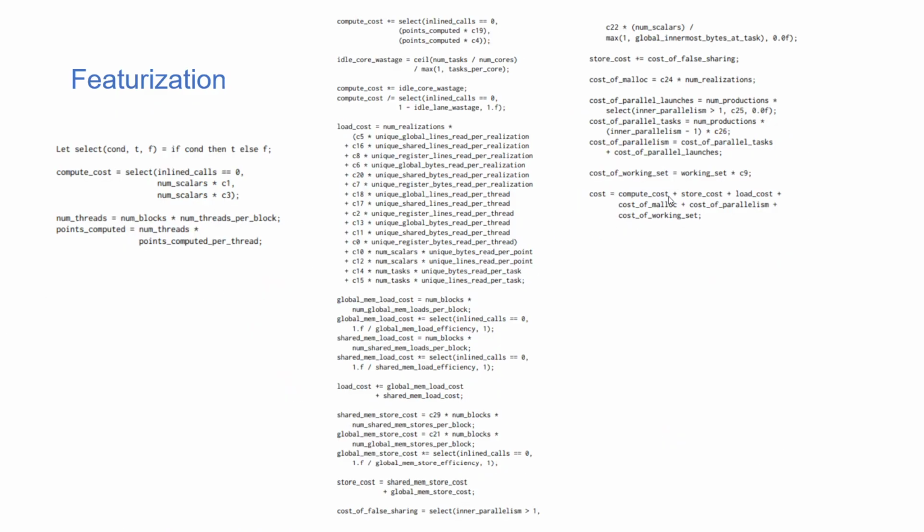And here is the cost model, which is in Appendix B of the paper. And here's the total cost, which includes store, load, alloc, parallelism, and working set. And you can see how all of these are derived based on some other variables.